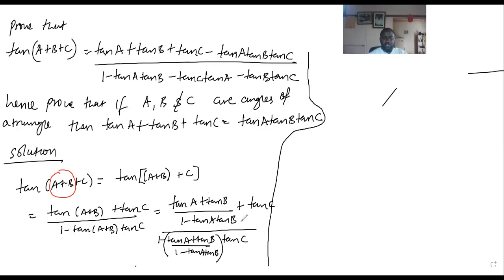This is a fraction. This one will multiply up the tan C. This one is also a denominator. It will multiply up the 1.